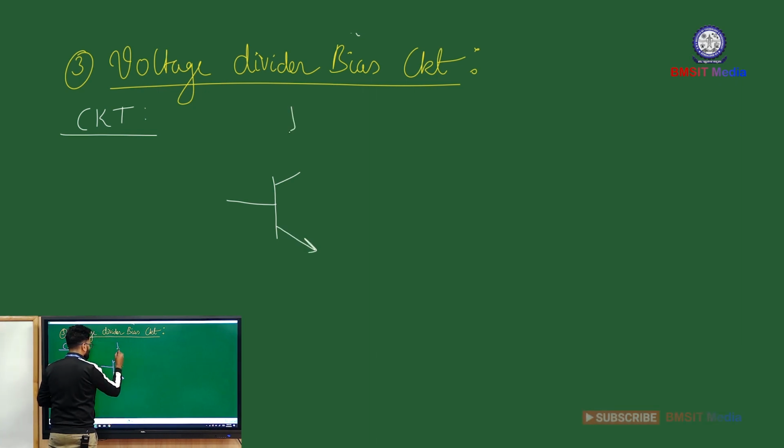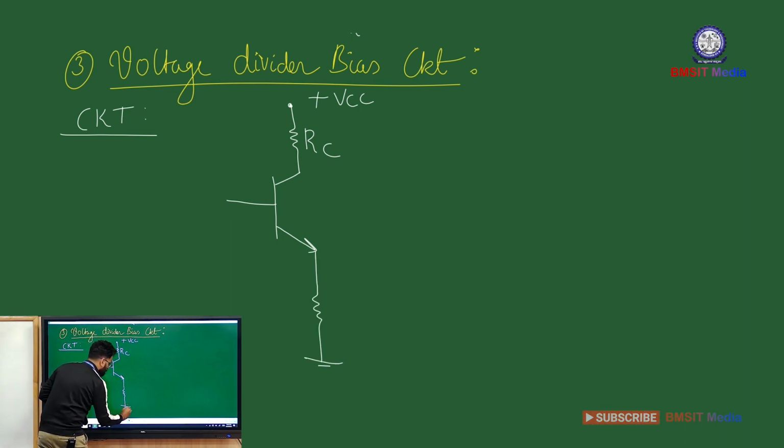So you have a collector resistor here, and you have an emitter resistor here, RE, right?